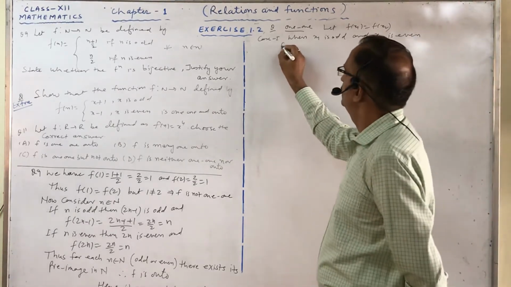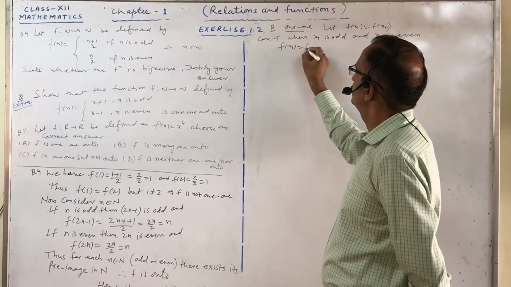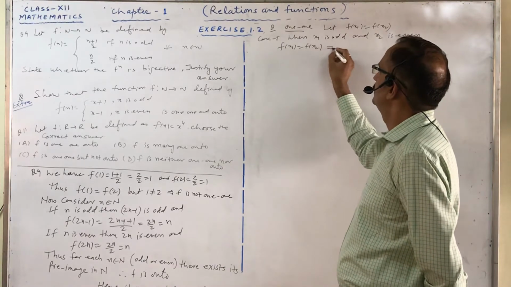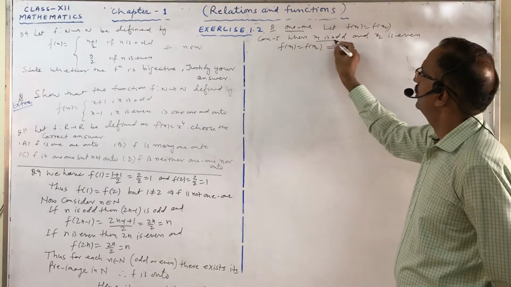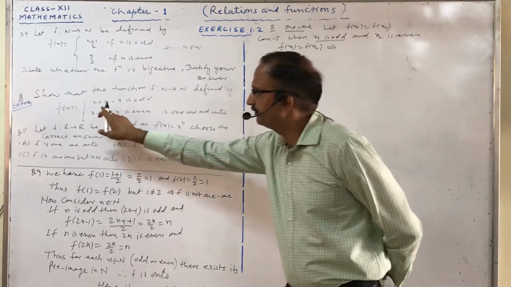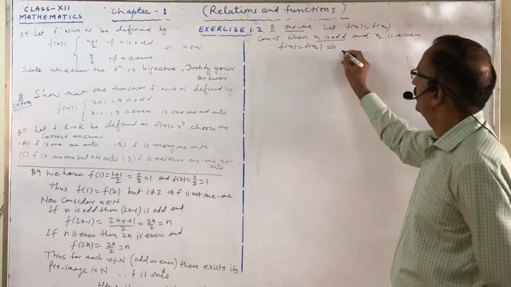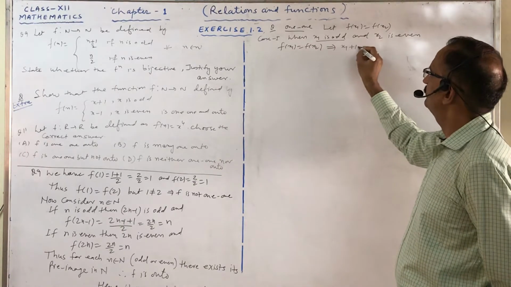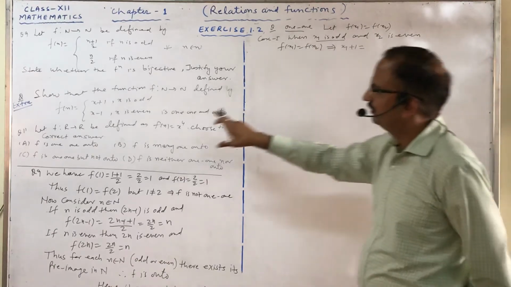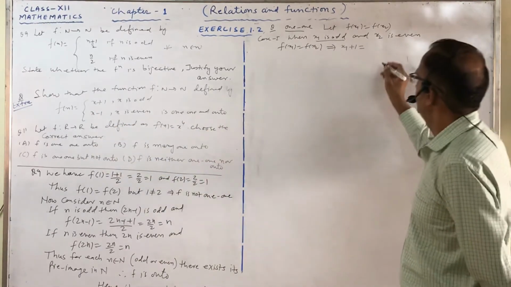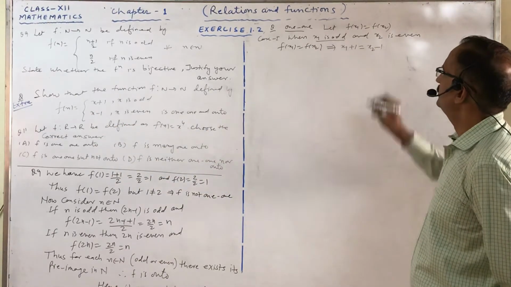So we can write f(x1) equals f(x2). This implies that for x1, when x1 is odd, the function is x plus 1, so we will write x1 plus 1, and for x2, which is even, we will consider the second function, that is x2 minus 1.